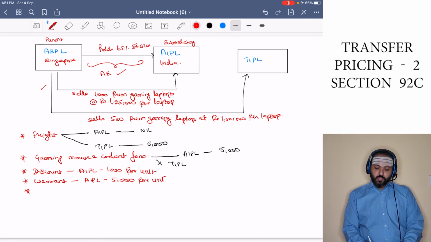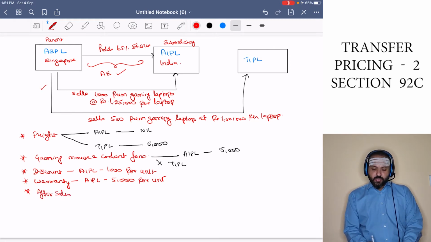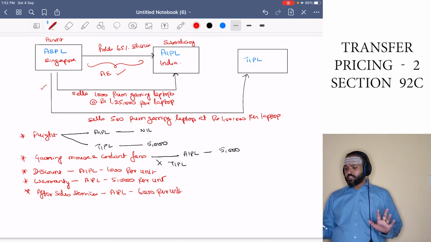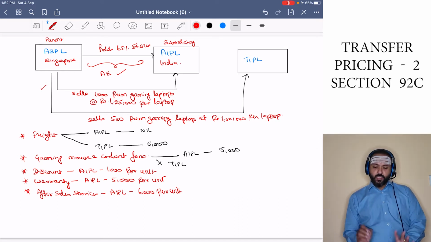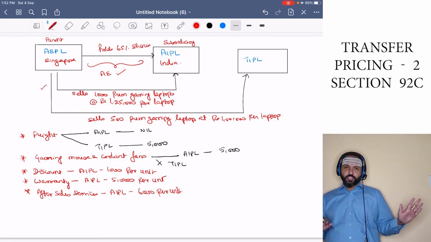And then, after sales remote services is given only to AIPL at 6,000 per unit. So this is the entire transaction that is given to us, asserting ALP. So they want us to find arm's length price after considering the following adjustments.